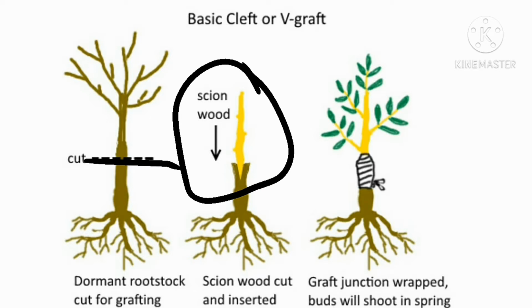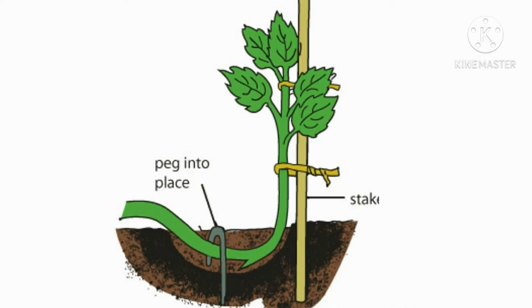After inserting it, we wrap the junction with any wrapper, like any cloth or tape, anything, okay. So next one here is our layering. In layering, first of all, we just take a stem.